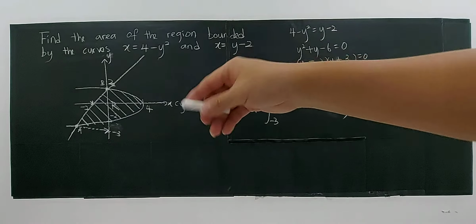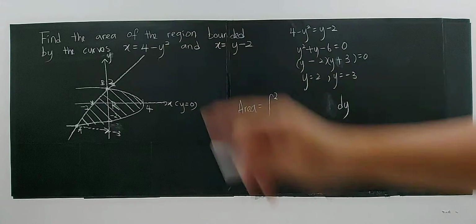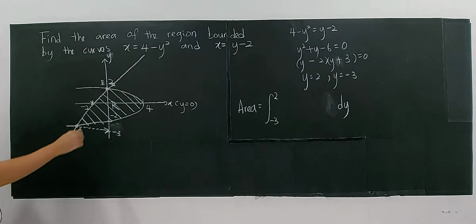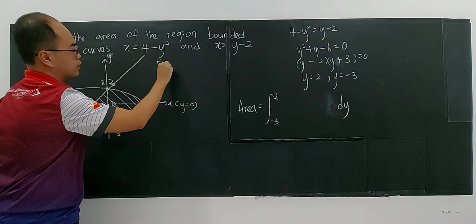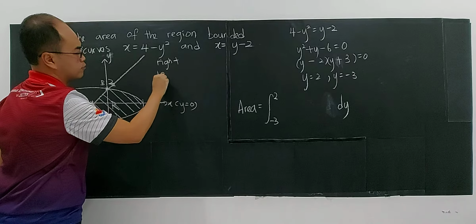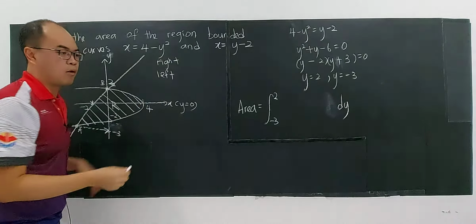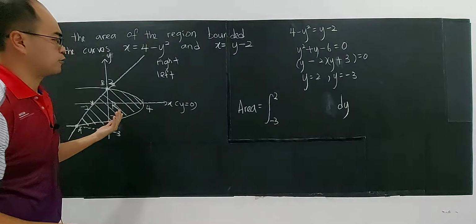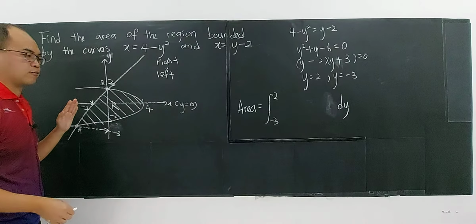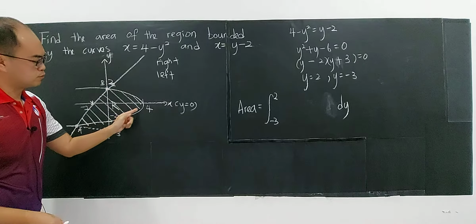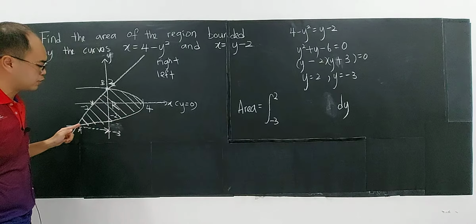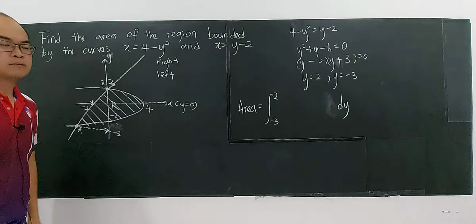Now for this case, there are no up and down, but there are right and left. Right curve and left curve here. So which one is the right curve? We will take the more positive value of x minus the more negative value. That's why I said right minus left, because the x value here is more positive compared to this.